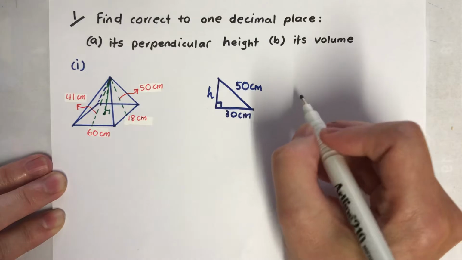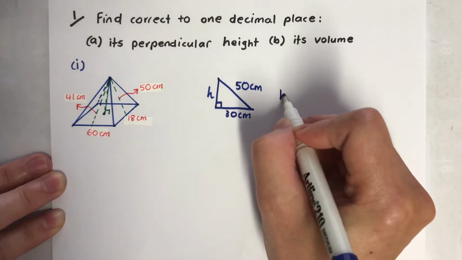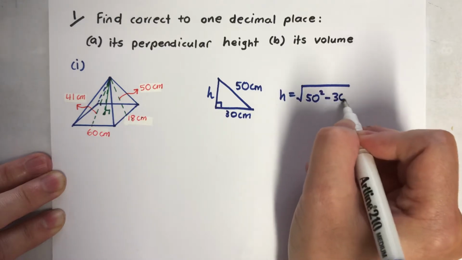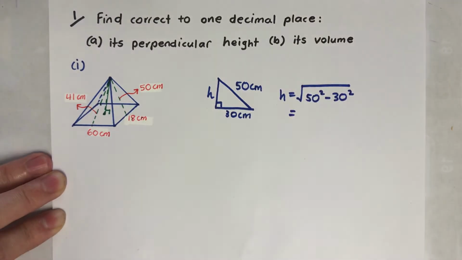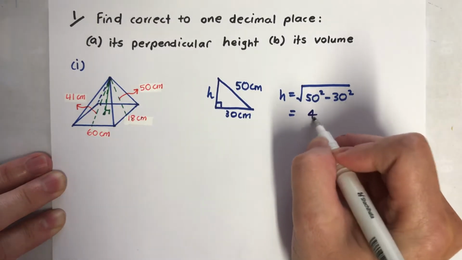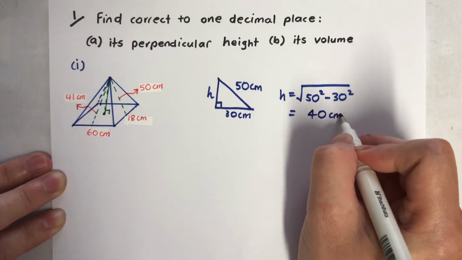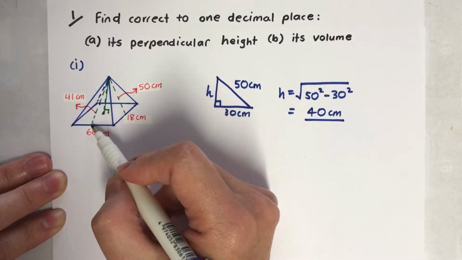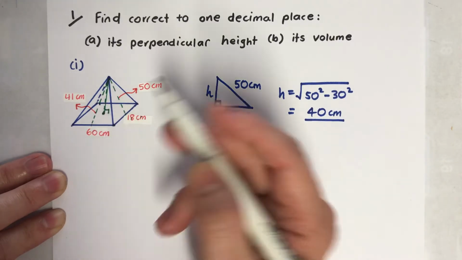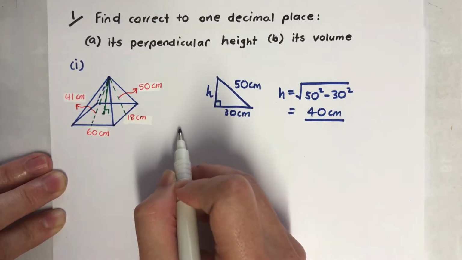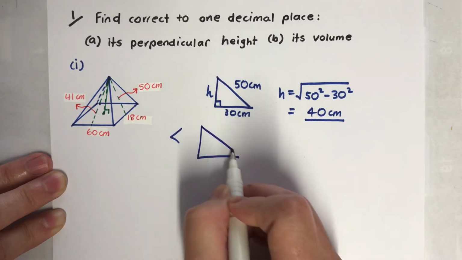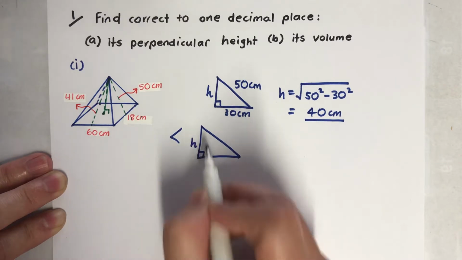Alright, so if I use the Pythagoras Theorem, 50 squared minus 30 squared, because it's not the hypotenuse, so it's a takeaway, and if you use a calculator you will get 40 centimeters. Now if you do the other side, this triangle, so if I sketch that, for example if I did this, that's still the same height.